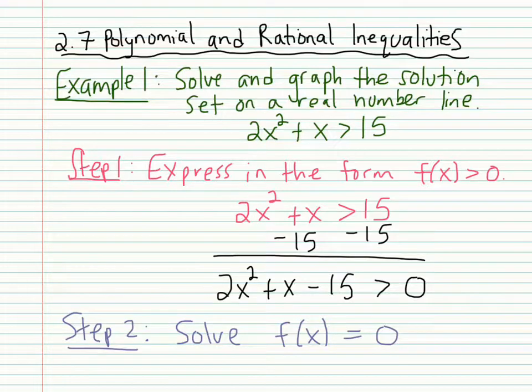So we're going to set this polynomial equal to 0 and solve for x. I'm going to turn my page. So I've got 2x squared plus x minus 15 equals 0. And I'm solving for x.